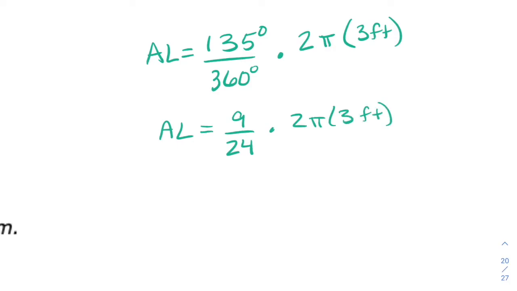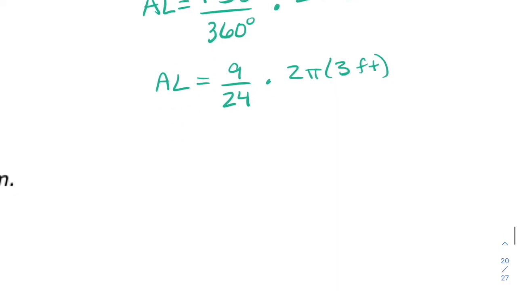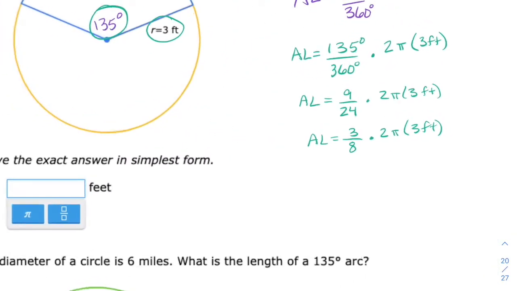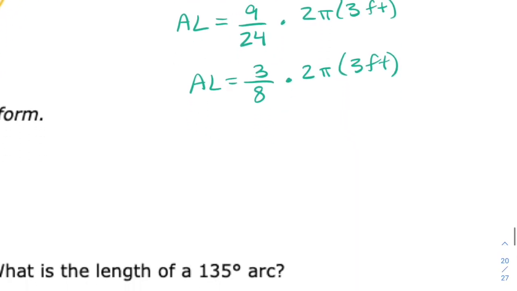I can simplify it maybe a little bit more. Looks like I can divide both by 3, so I get arc length is 3 over 8 times 2 pi times 3 feet. Okay, and now this is a little bit easier to manage. So let's multiply all the numerators. 3 times 2 times 3 is 18 pi feet over 8.